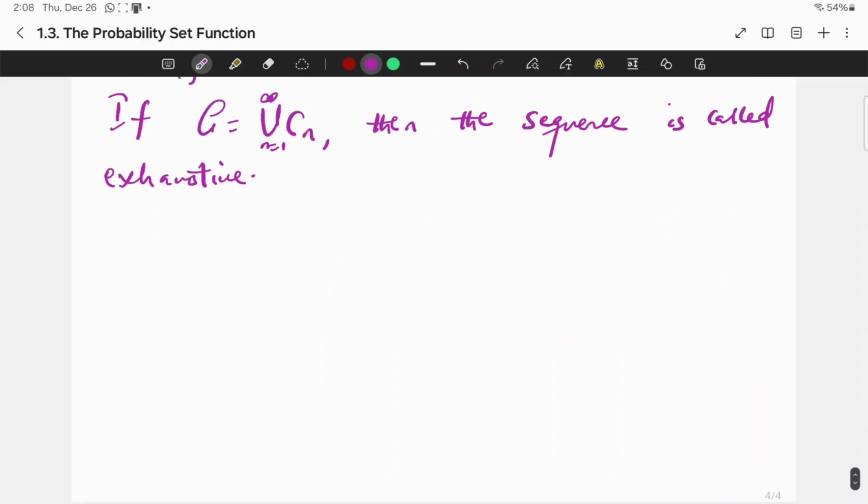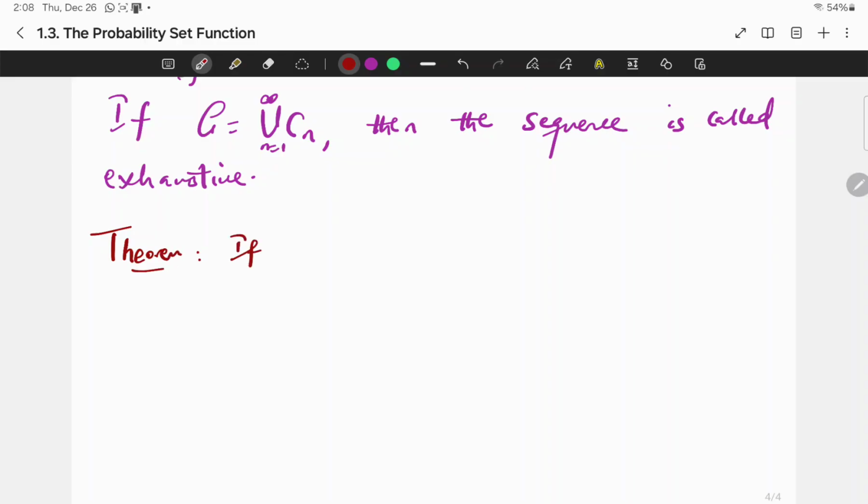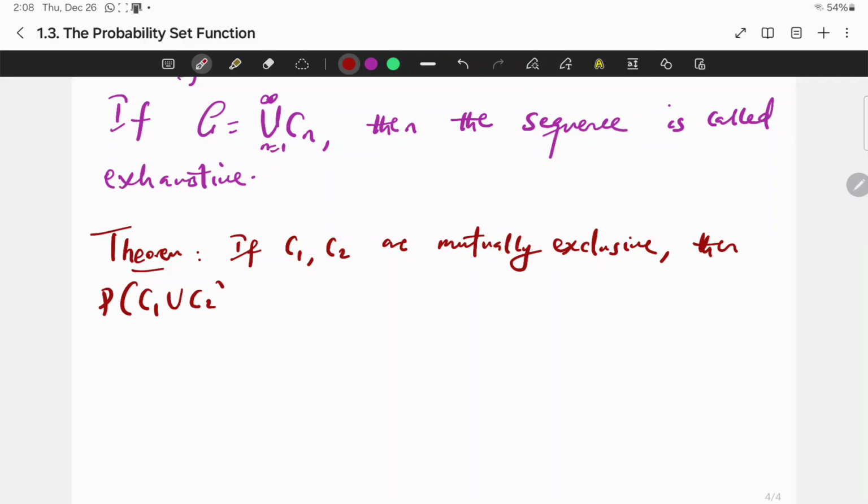So let's check a theorem here. If C1, C2 are mutually exclusive, then the probability of C1 union C2 equals the probability of C1 plus the probability of C2. There's no need to subtract their intersection, because their intersection will be 0.